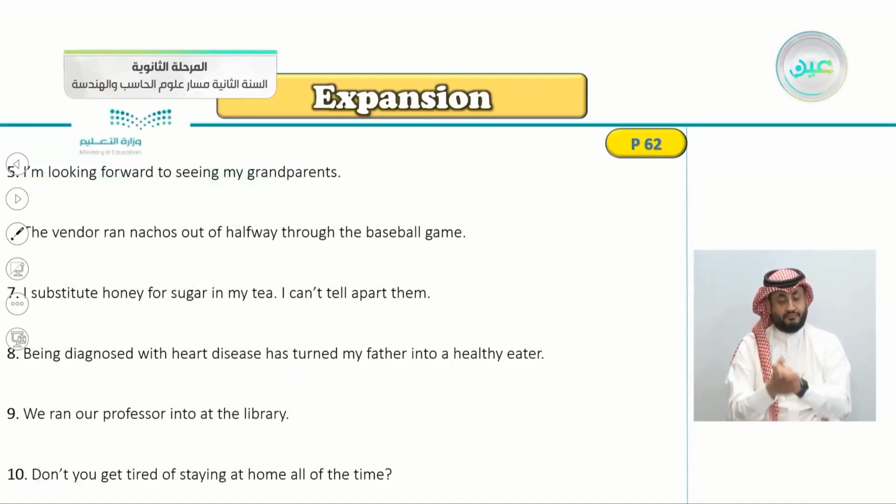Number 5: I'm looking forward to seeing my grandparents. Is this correct or not? Number 5 is correct. Looking forward to. There's nothing wrong here. Number 6: The vendor ran nachos out of halfway through the baseball game.